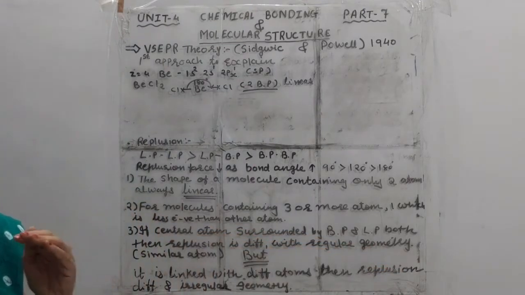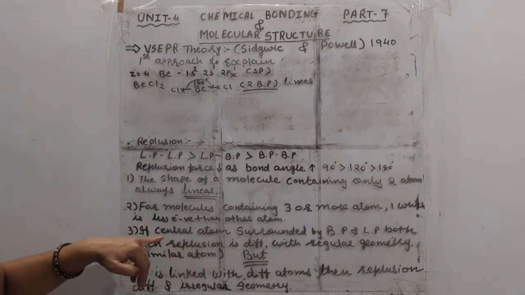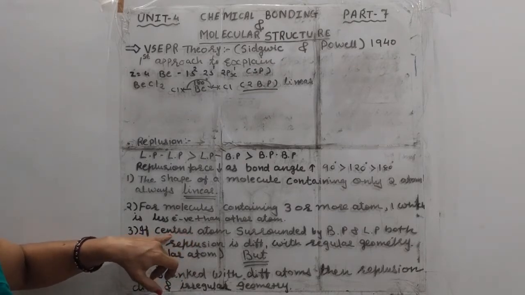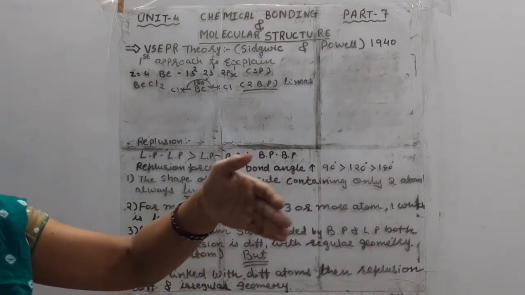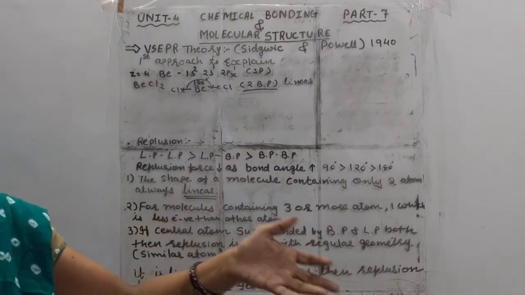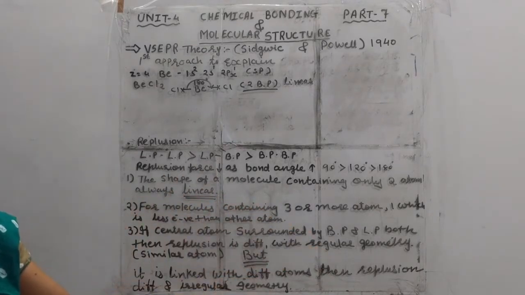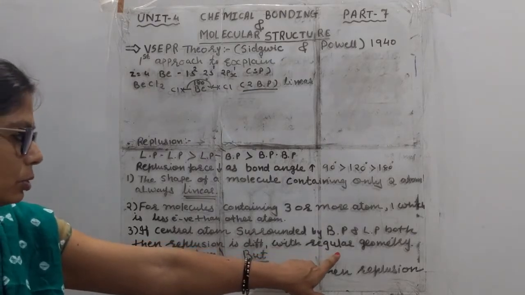Then the shape is regular, means we can conclude for that particular molecule, yes, it is having the similar atoms surrounded by the central atom and which possess the 2 lone pair and 2 bonding pair, or 3 lone pair and 1 bonding pair, something like that. Then it is having the regular geometry.